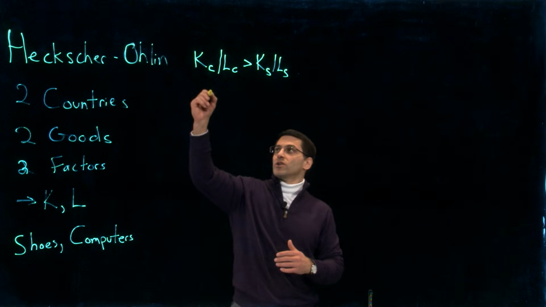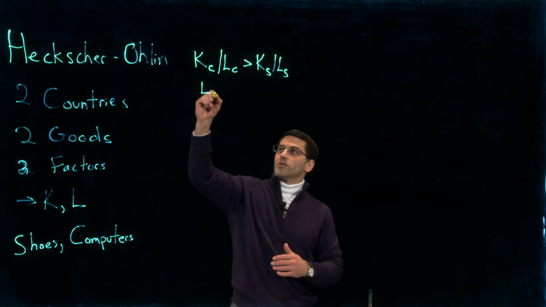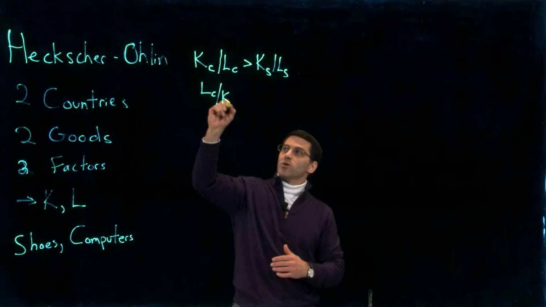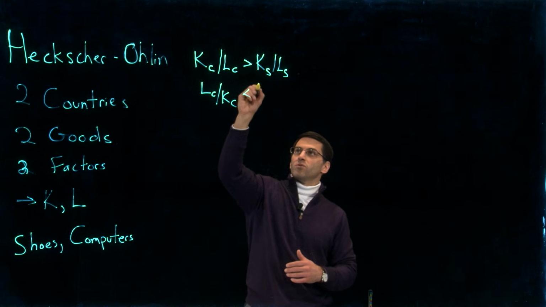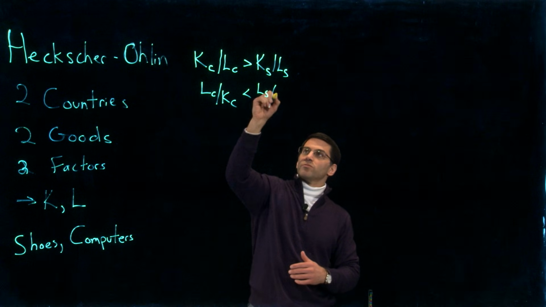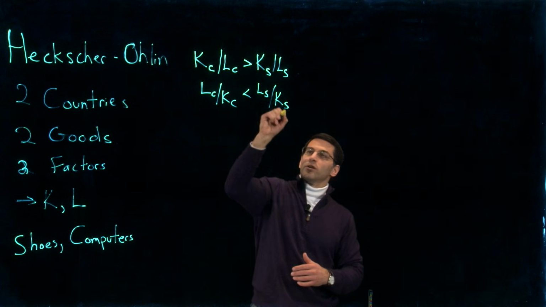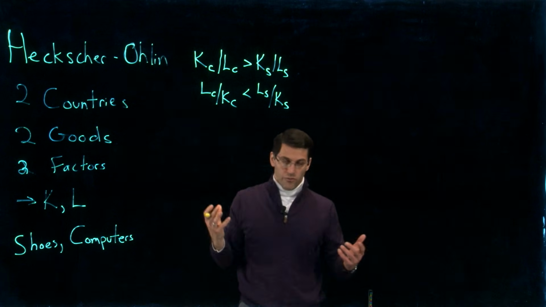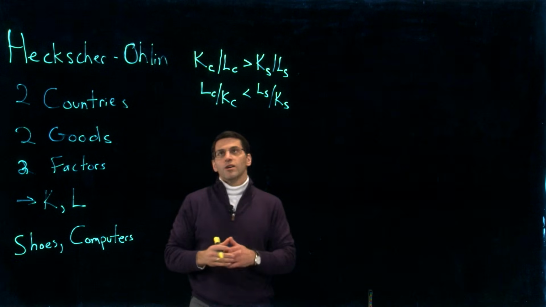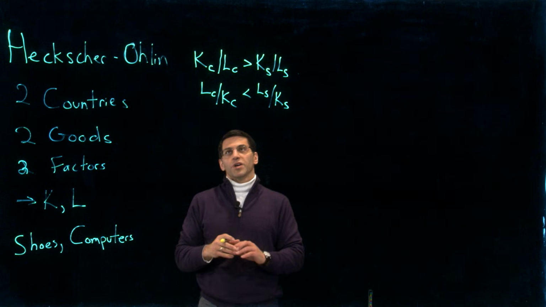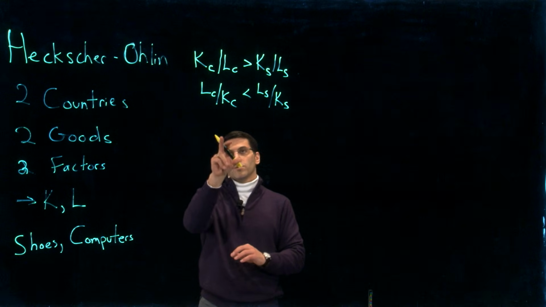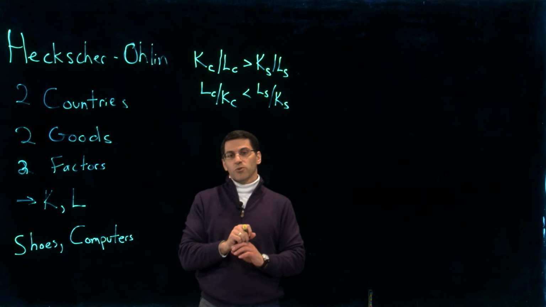Or in other words, the labor to capital ratio employed in computers is lower than that for shoes. If one of these is true, then the other is true. So that's one key assumption we're making for the setup of this model: production in computers is capital intensive.